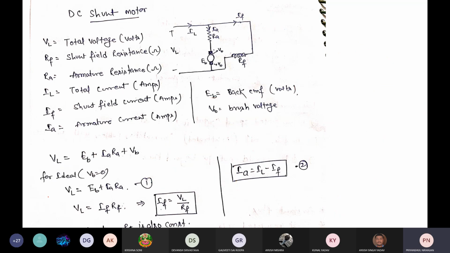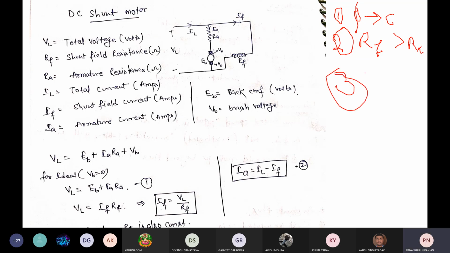So here, we have first, in the DC shunt motor, flux is constant. Second, RF is much greater than RA, meaning the armature resistance. Third, EB is proportional to phi into speed N. Actually, I have used only the generalized way.